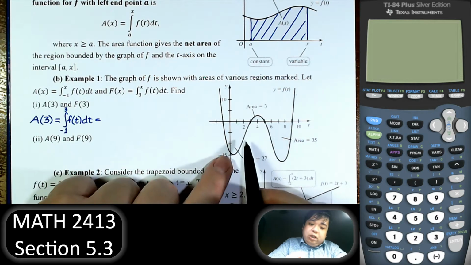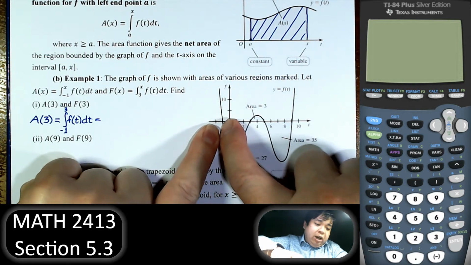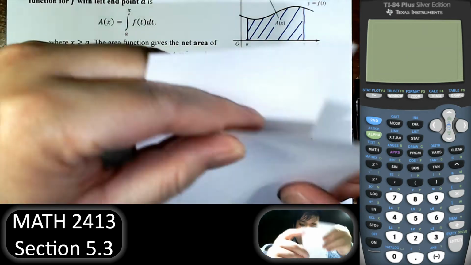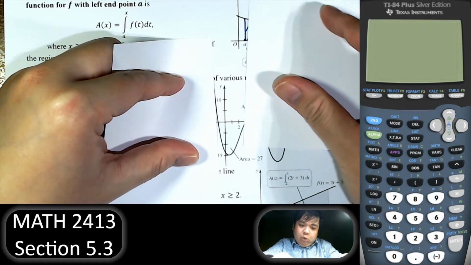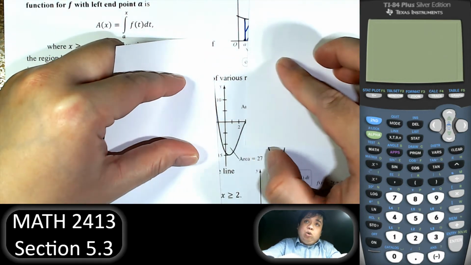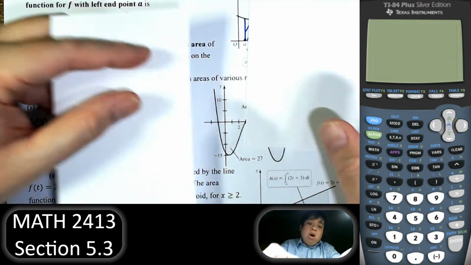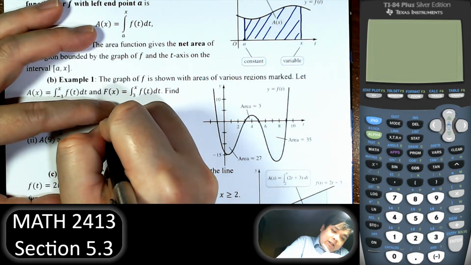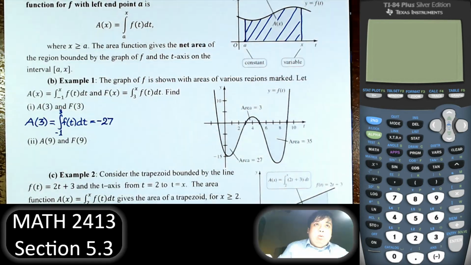And according to this graph, from -1 to 3, the area is equal to 27. However, this is below the x-axis, so the net area is -27.